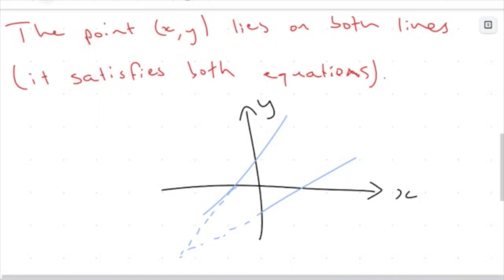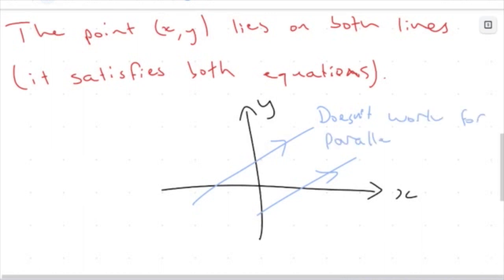But there's one type of relationship between lines that says they will never meet at a single point. Some of you may remember the definition for these. These are what we call parallel lines. Parallel lines we cannot solve using simultaneous equations. We're going to see that a little bit later, but parallel lines don't have this point xy. So I'm going to write here: doesn't work for parallel lines.